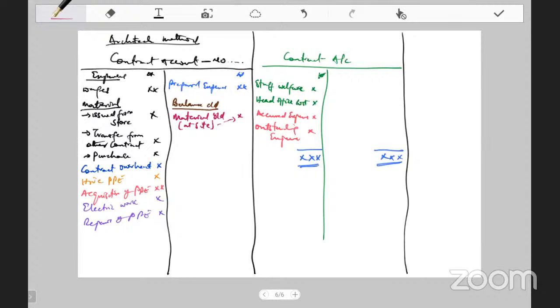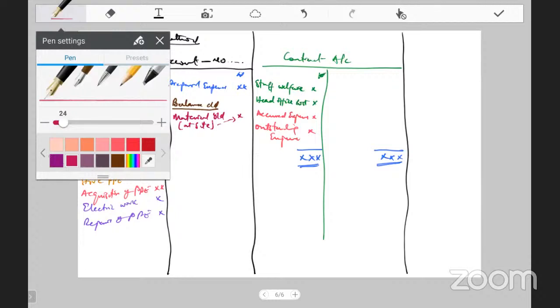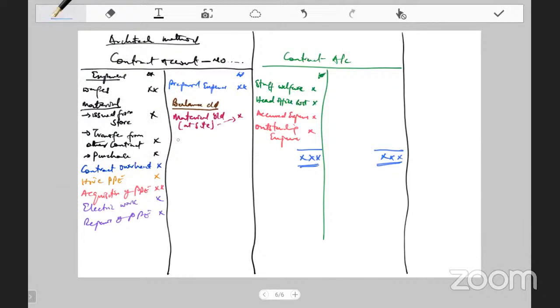Then you can also talk about some of the assets that you have bought whose useful life can still be utilized. We talk about PPE, their carrying amount. So that will also come there. Now we are getting to the end of the contract.